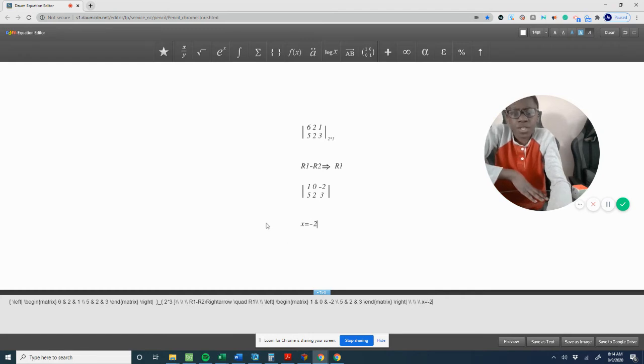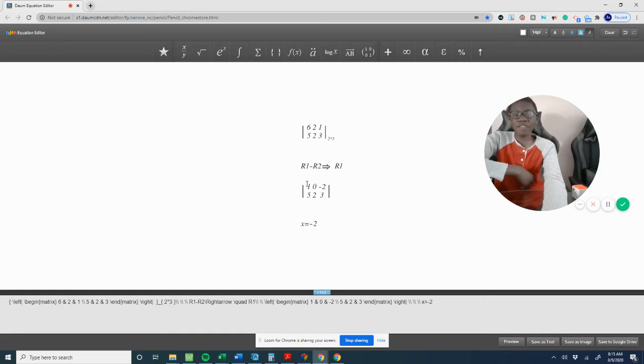Now we just substitute into the y. Actually, we don't substitute, my bad. In matrices, substitution is not what we use. Instead, we are going to eliminate the x values and then take the y values, subtract, and get our next solution. So we're going to multiply R1, row 1, by 5.